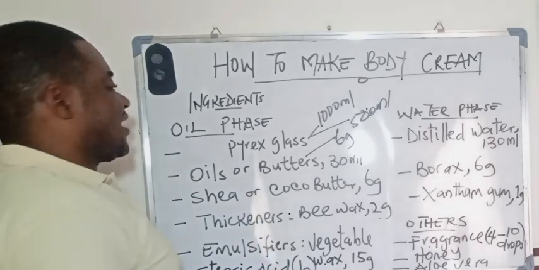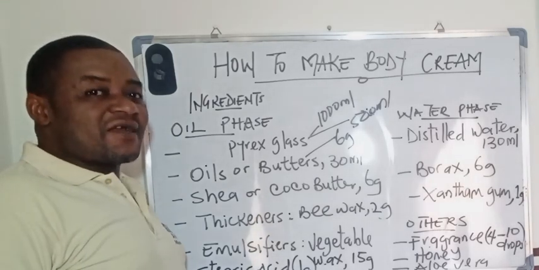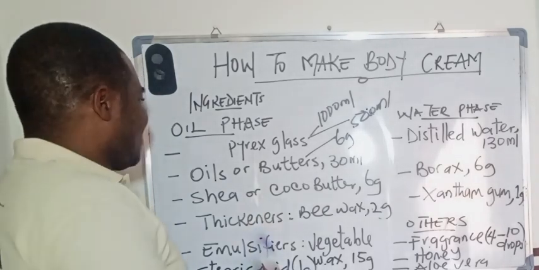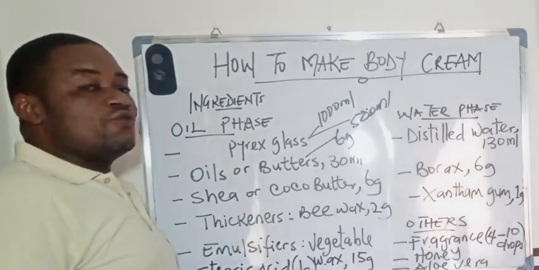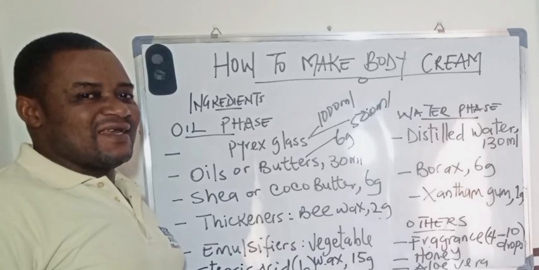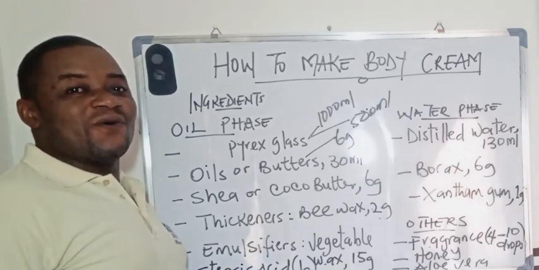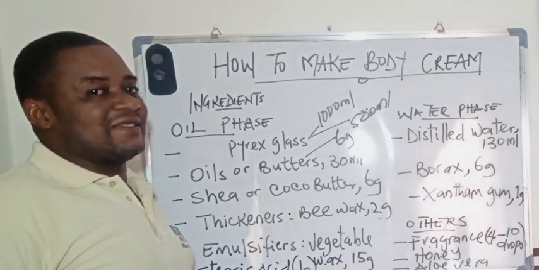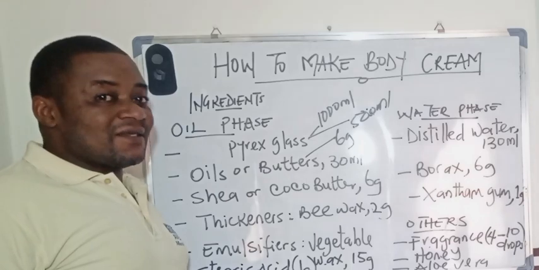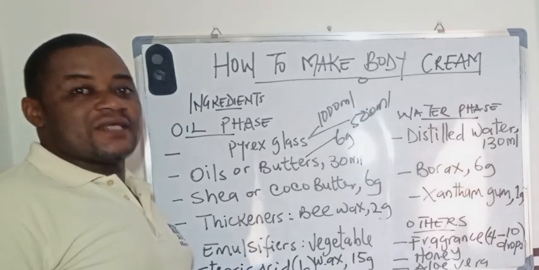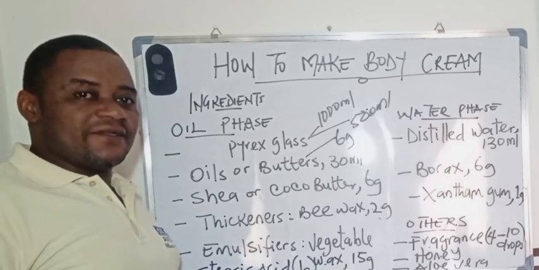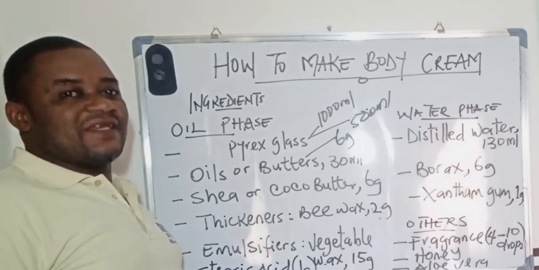Now, the ingredients that you need to make cream generally: you need a Pyrex glass, that is if you are working in the laboratory. If you want to prepare this at home, you just need a container that is clean enough, something like a stainless pot or a stainless bowl that is clean enough. So you can do that even at home.